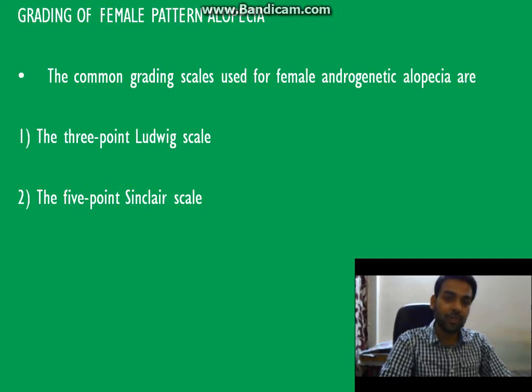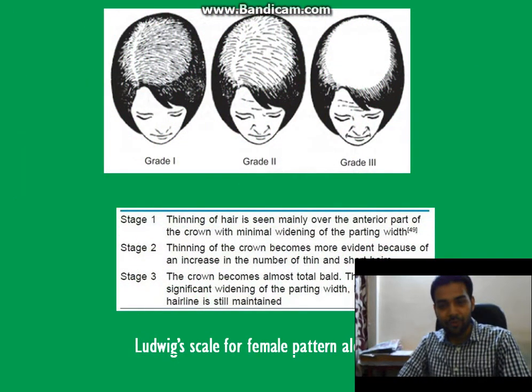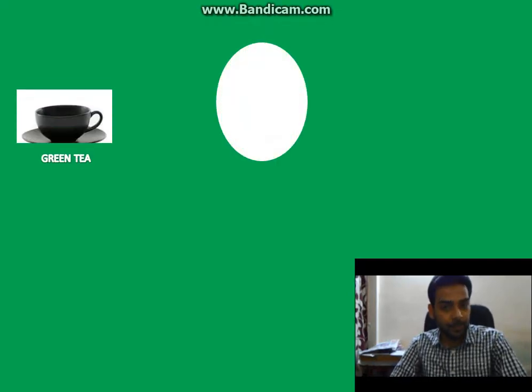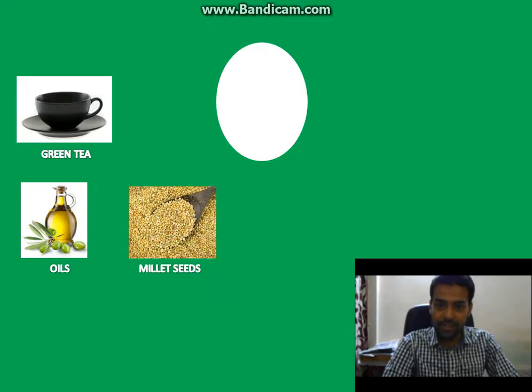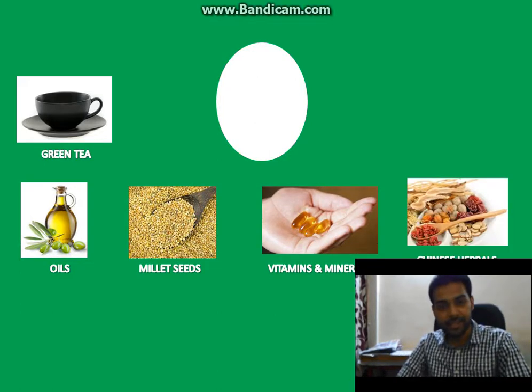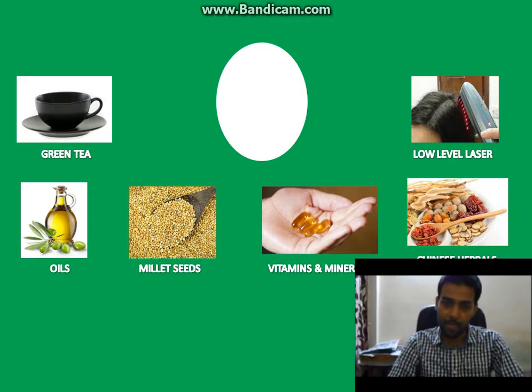Now, we come to the treatment. Lots of treatments have been tried for androgenetic alopecia. Like, people have tried green tea, caffeine, several vitamins, minerals, oils, millet seeds, low-level laser therapy, etc. But do they work?